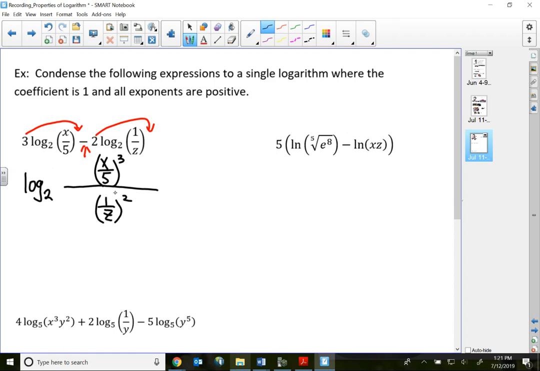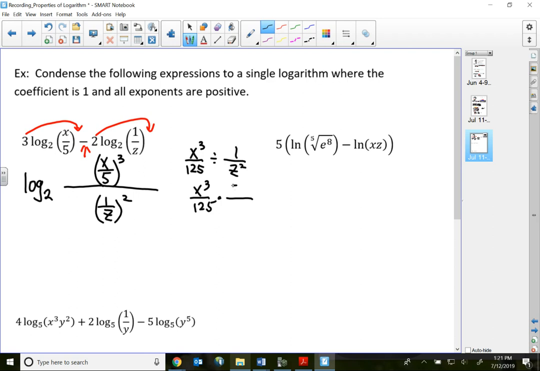So let's simplify this here, okay? This is a single logarithm term. So by the power rule, the top is x to the third over 5 to the third, which is 125. Now dividing by 1 to the second power is 1 over z squared. So division of a fraction means we will times the reciprocal.